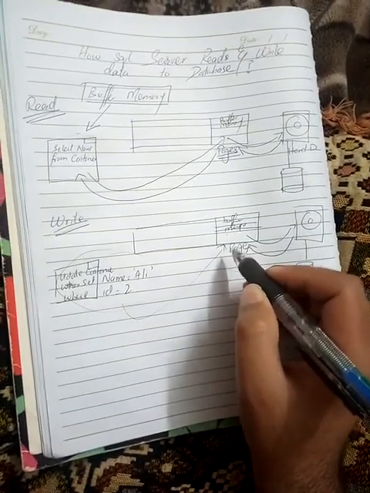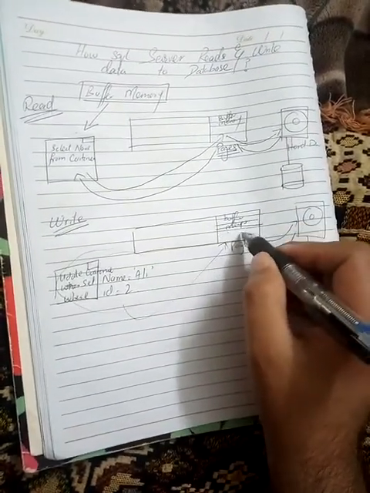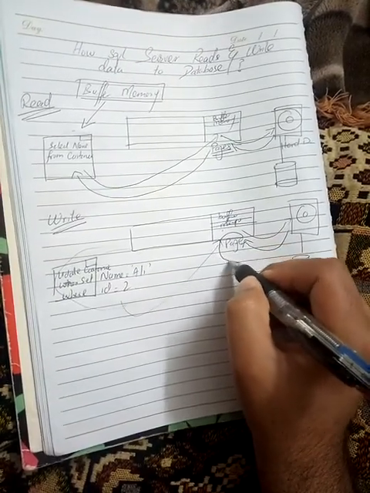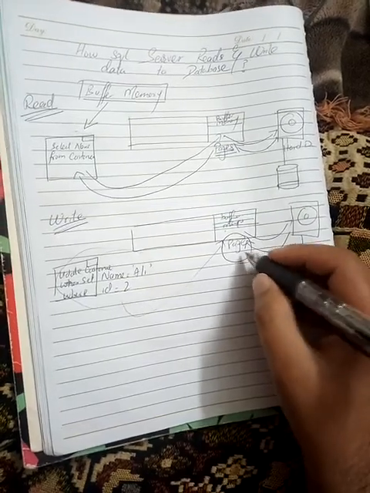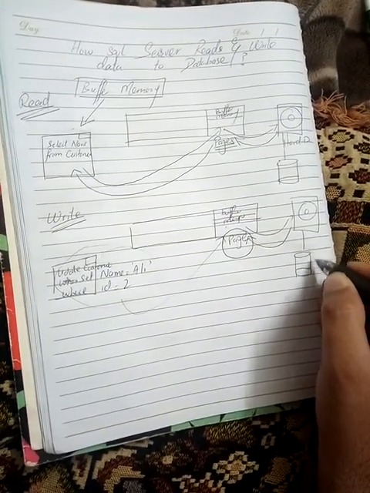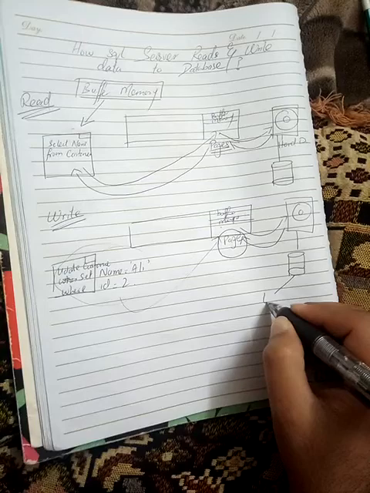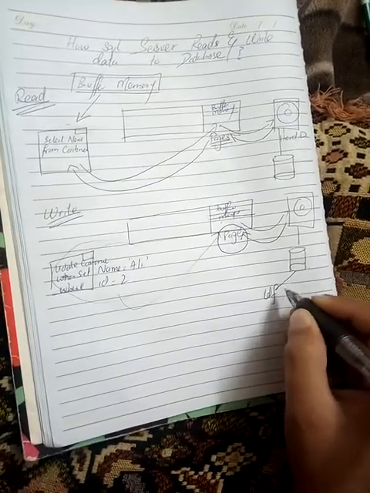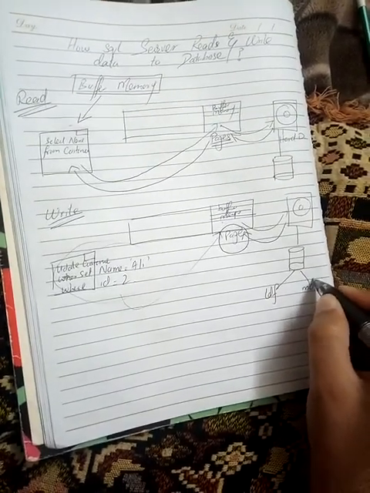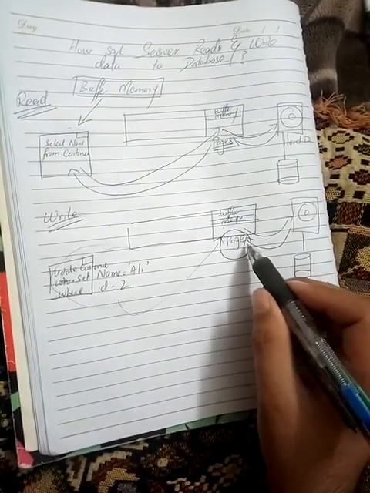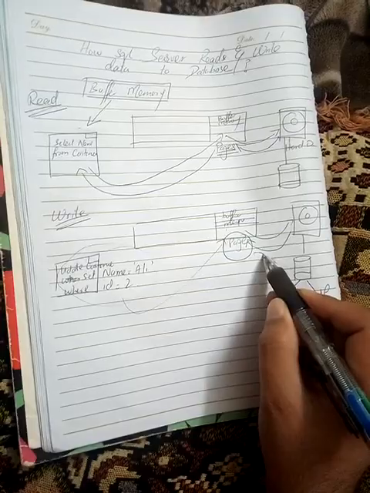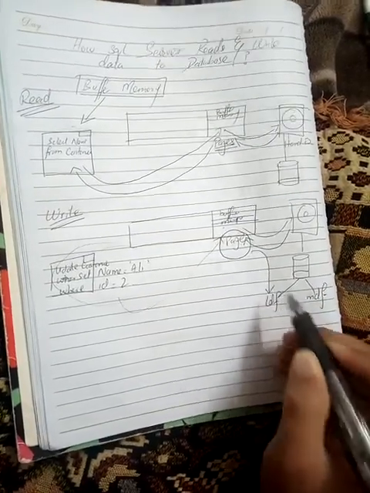Now SQL Server manipulates and updates the data in the buffer memory, and then writes an entry to the log file. We have two things in our database, LDF, which is the log file, and MDF, which is the actual data. So the entry of the update is written to the LDF file.